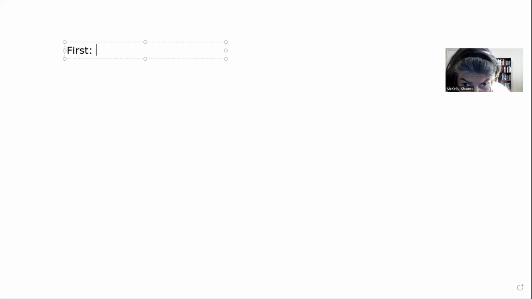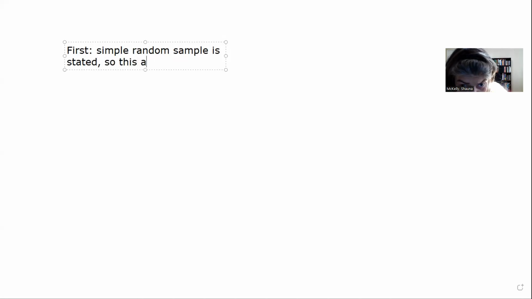The first assumption is that we have a simple random sample, and simple random sample is stated. So this assumption is satisfied. Sometimes you can just write simple random sample, yes. What you want to see is a yes for every assumption, but for the sake of explaining it, I'm going to write it this way. Simple random sample is stated, so this assumption is satisfied.